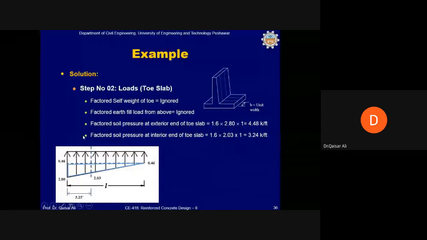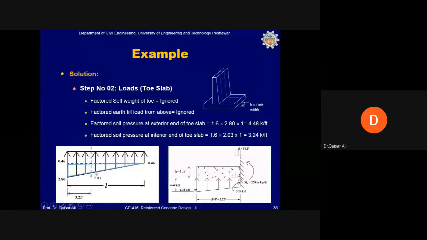You would have calculated shear force and bending moment diagrams for a trapezoidal load. You can do so in this case, or otherwise you divide this into a rectangular pressure and a triangular pressure. If you draw a line from this point, then this will give us a triangular and rectangular distribution like this.